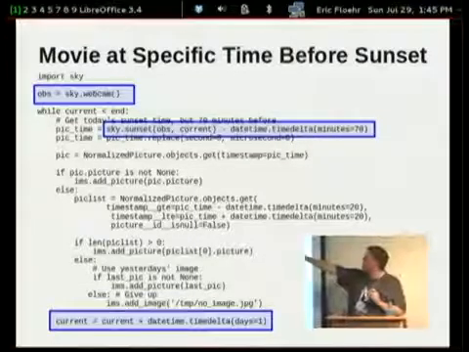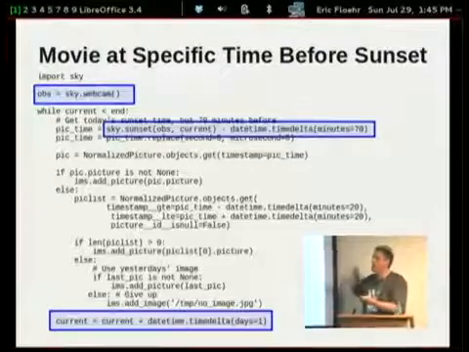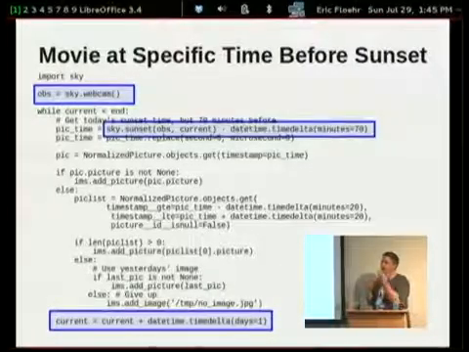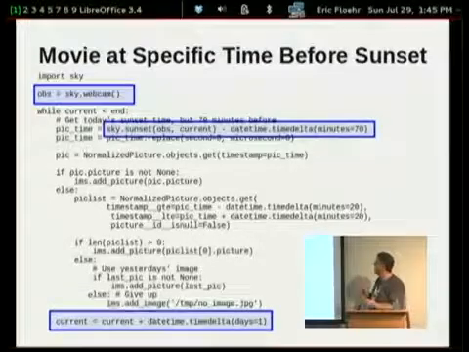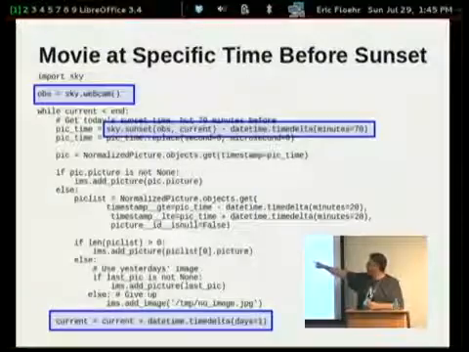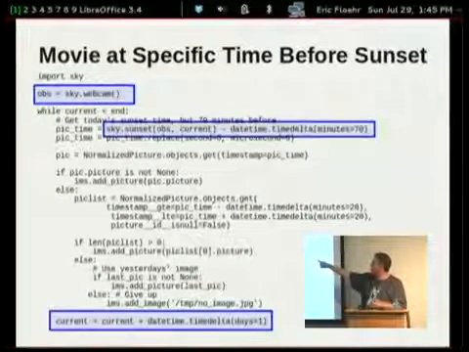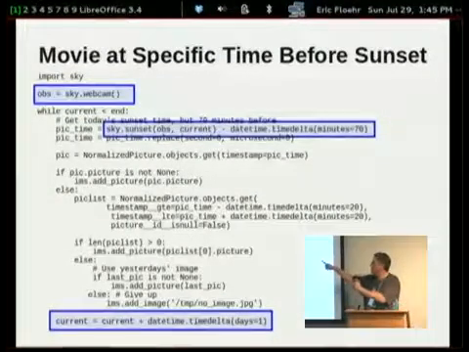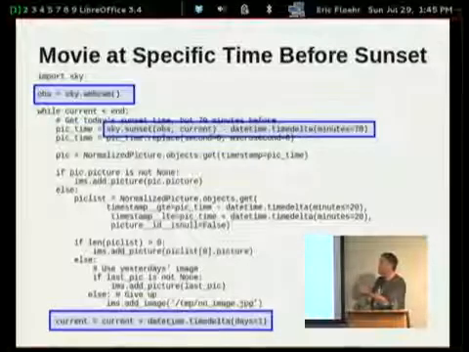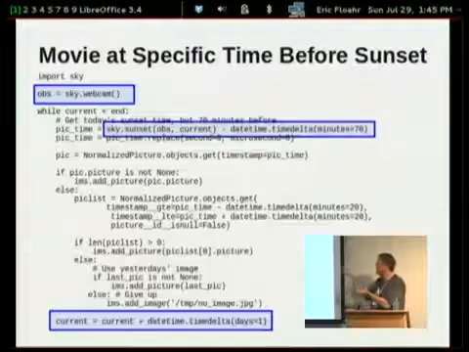Obs equals sky.webcam basically pre-populates an observer with my latitude, longitude, and elevation and things like that. And then sky.sunset, if I pass in my observer's location and the time that I want, will find the next sunset. So sky.sunset will return the time of the next sunset given the time that I passed in.